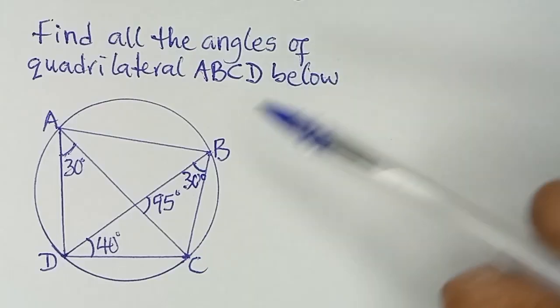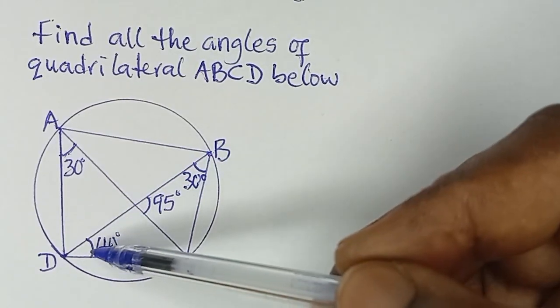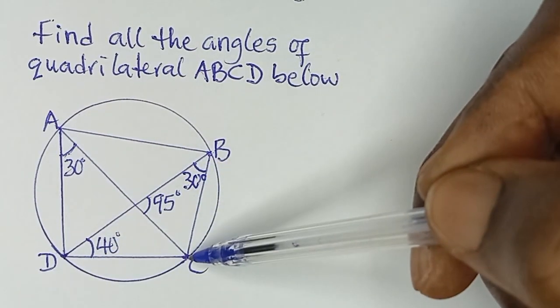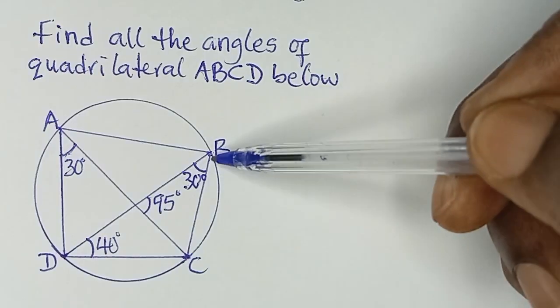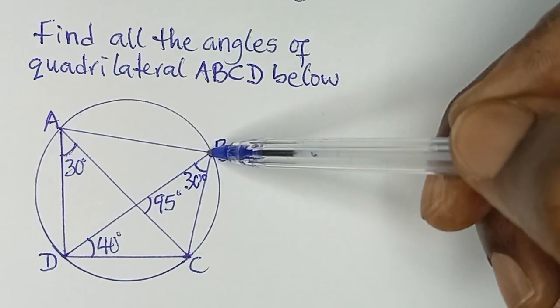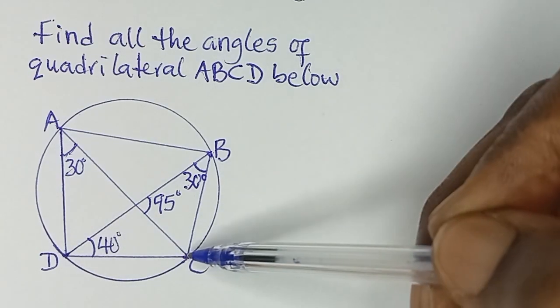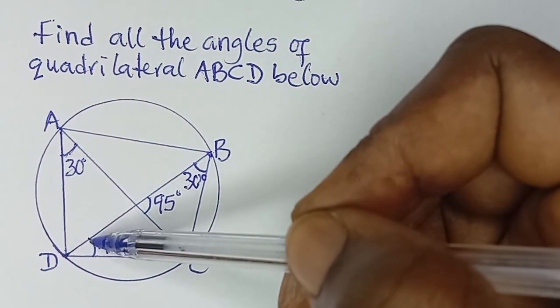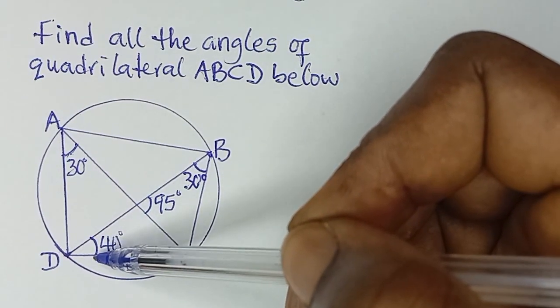Now, if you also look at this 40 degree, we have these points B and C. From B it comes to this point, and from C it comes to this point. So these two lines form angle 40 degrees.